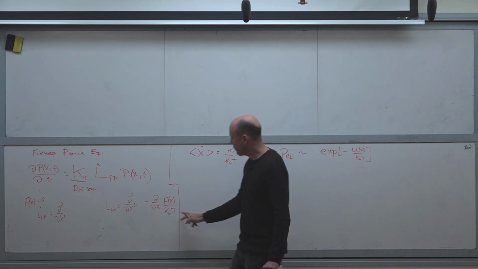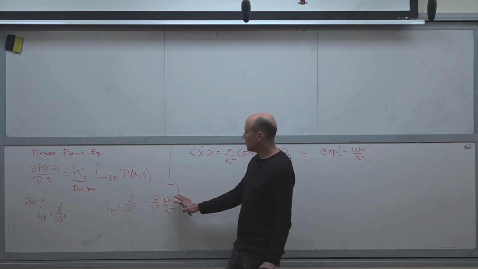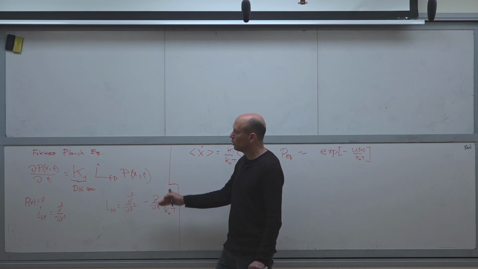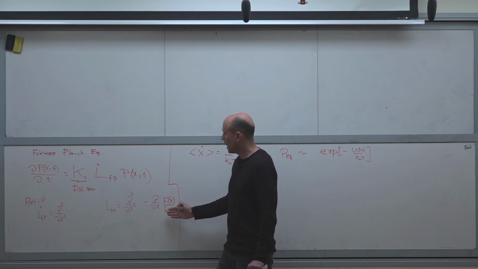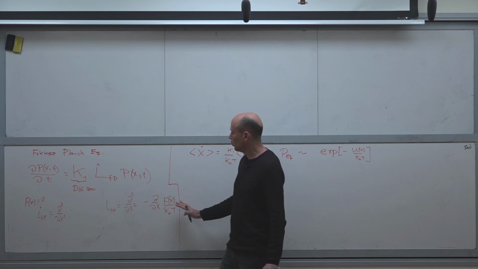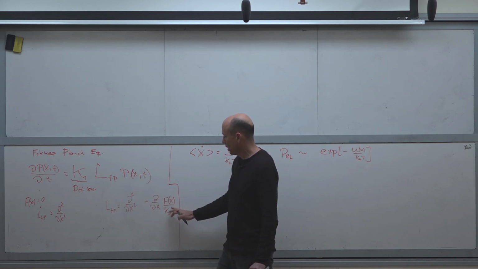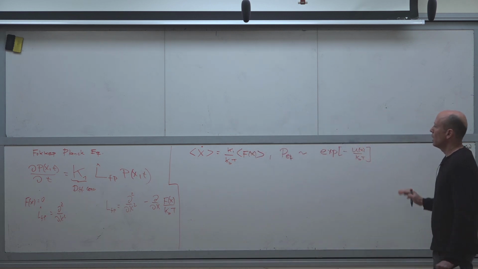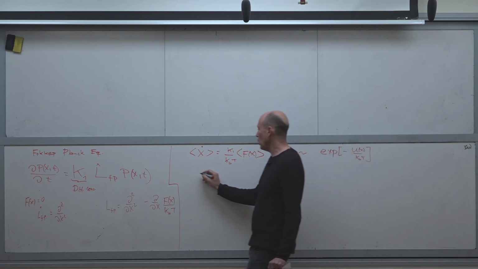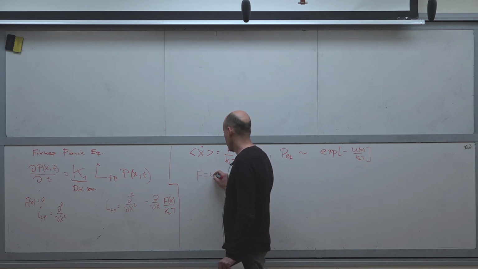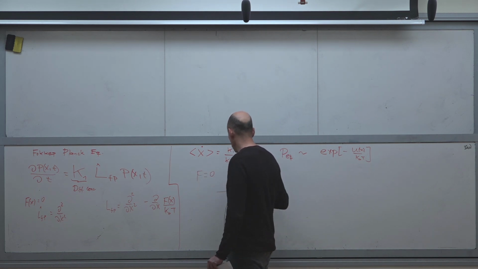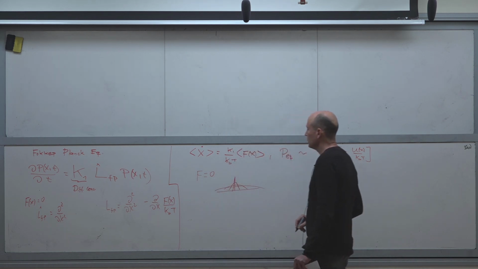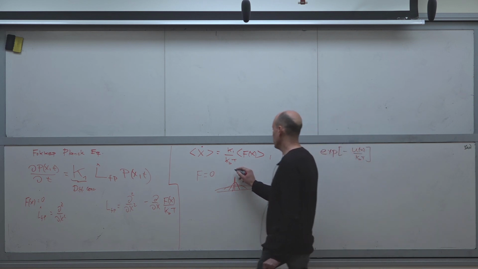And this is why we have here this k Boltzmann T. So this k Boltzmann T just means that I'm working close to thermal equilibrium, and I'm demanding thermal equilibrium on the system, so that you have to have here this force in order to reach this final state in equilibrium. And if the force is 0, and let's say you start with a delta function, then of course you have these Gaussian solutions, which are well known. We know everything about this equation.